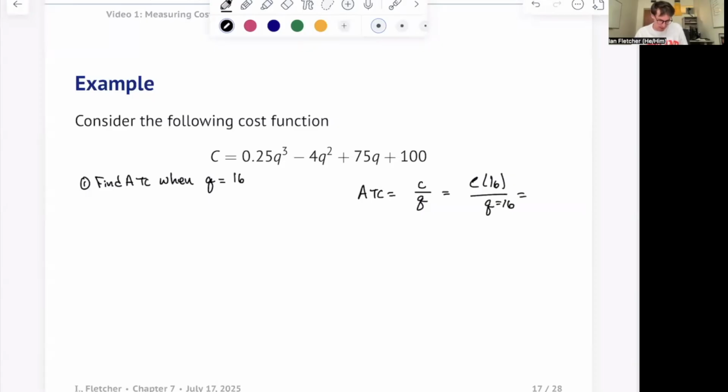Divide that by 16. It's going to be like 81.25. I got this to be 1300.